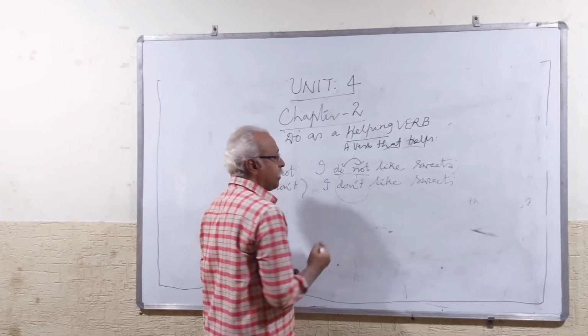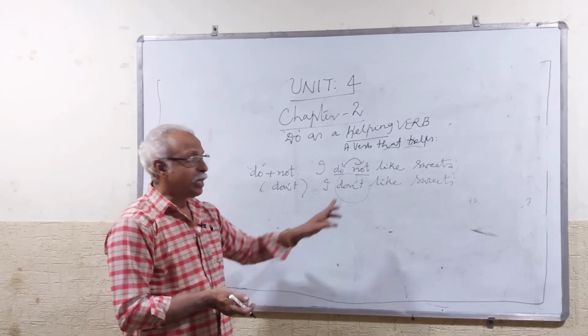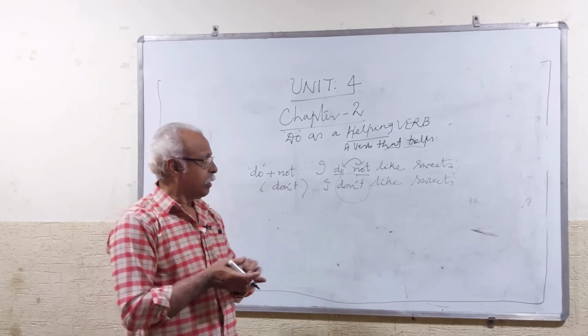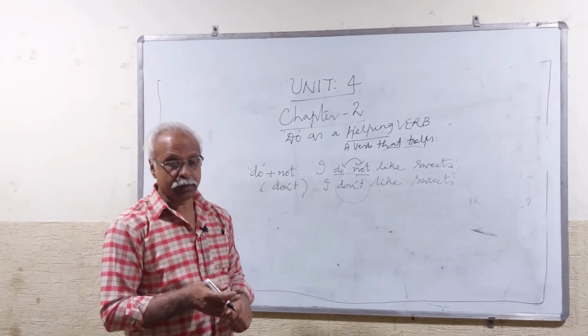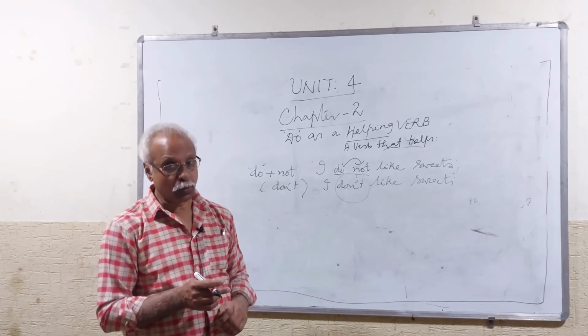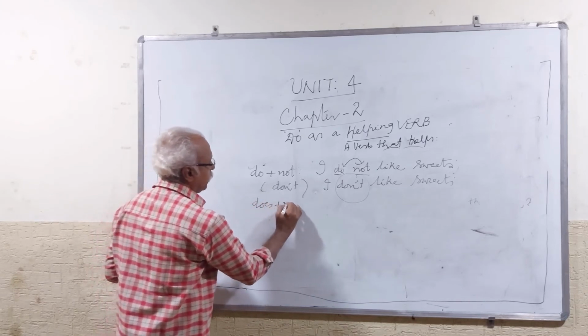Here you should not read I do not like sweets, because they're not two separate words. They are as one word. How do you say don't? Not don't. Don't. Okay. Next.